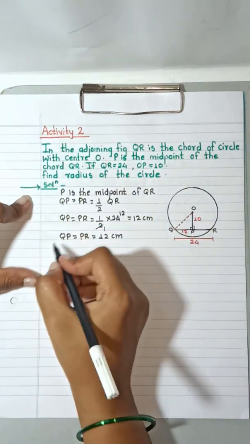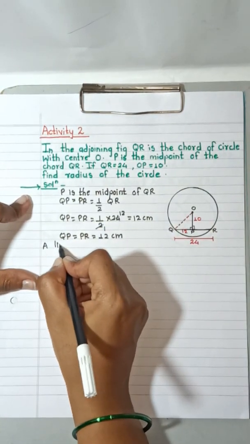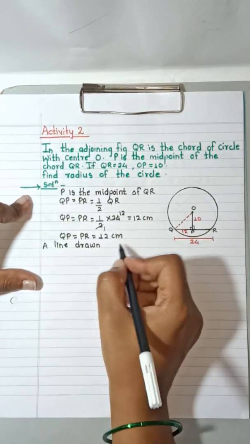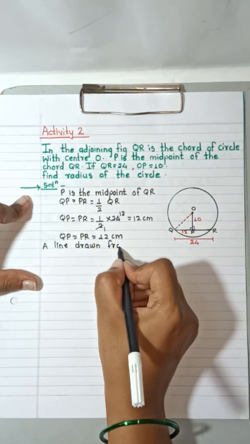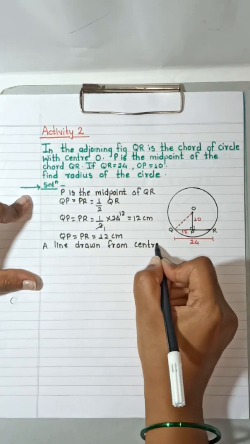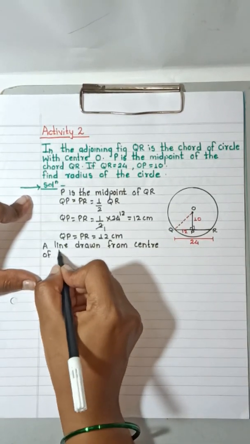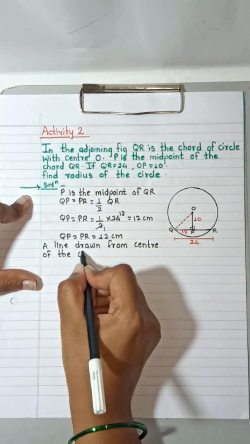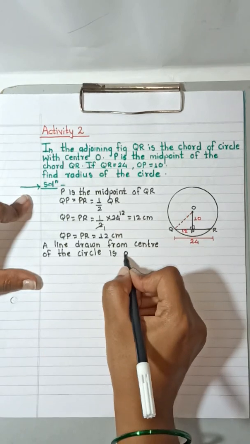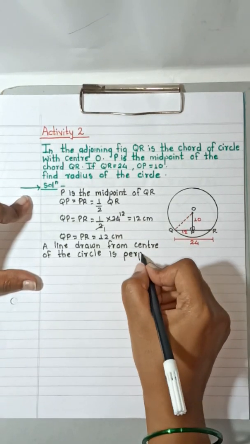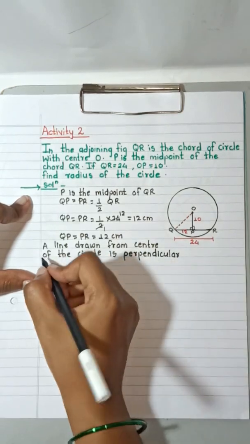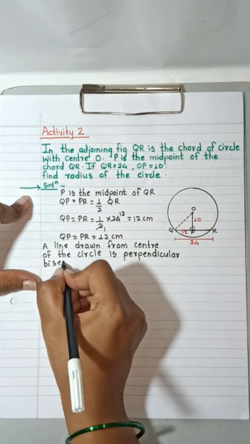I'll write down here: a line drawn from the center of the circle is perpendicular bisector of that chord.